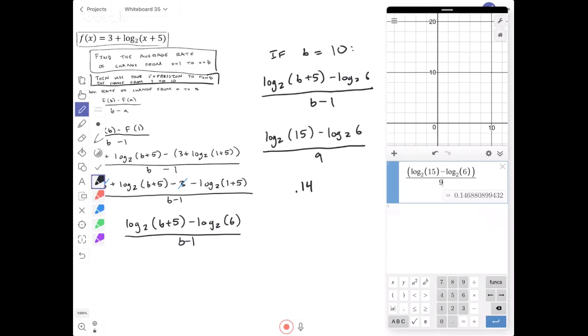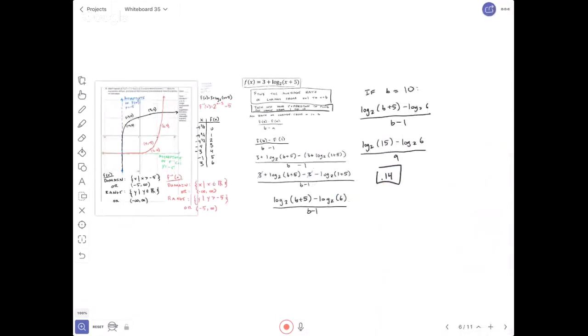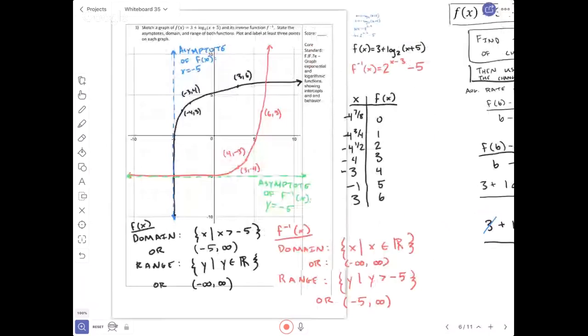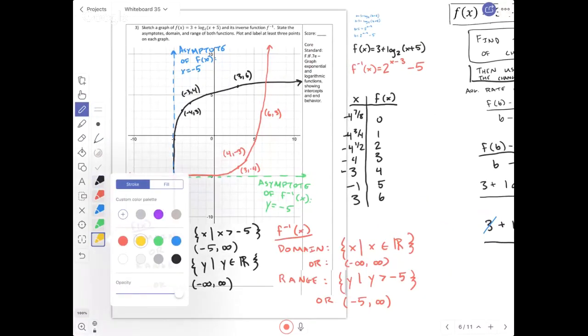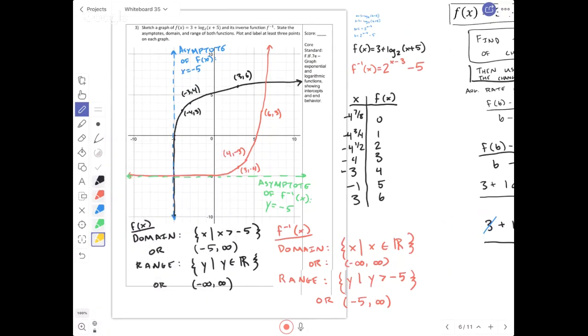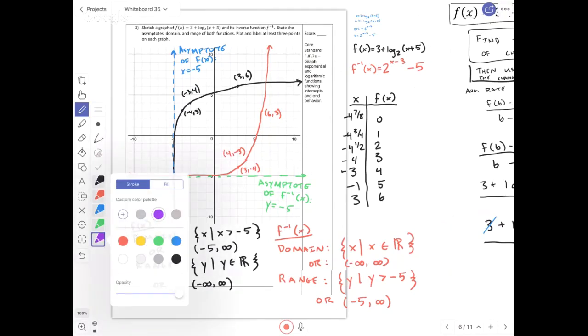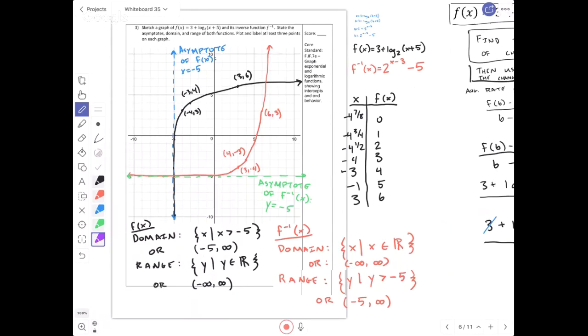0.14. So what I just found was that if you took this function and drew this, need a new color, yellow line. Oh, I could use purple. Purple's better. From 1 to 10, the slope of that line is only 0.14.